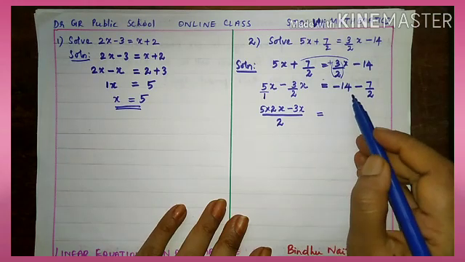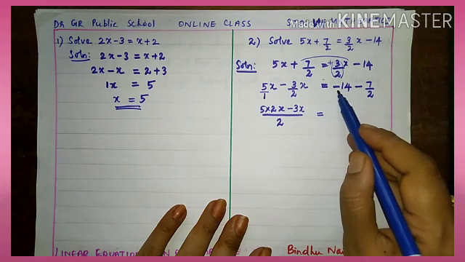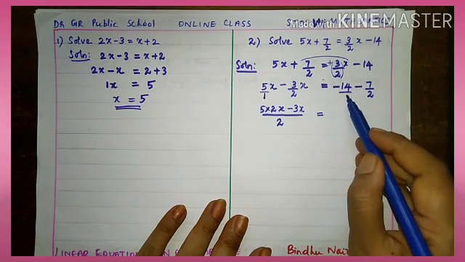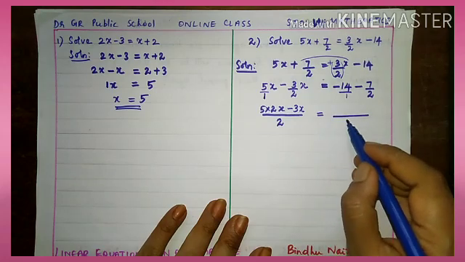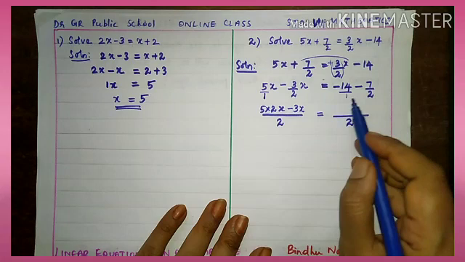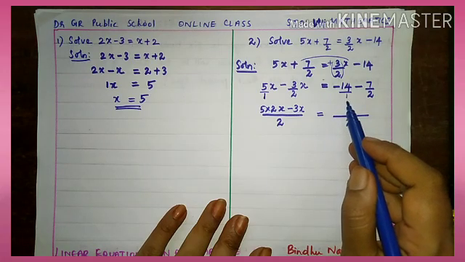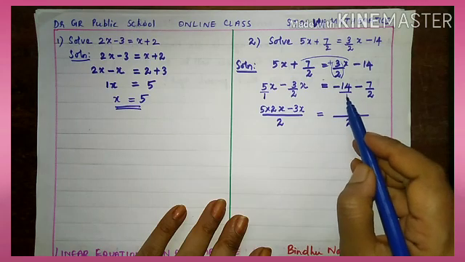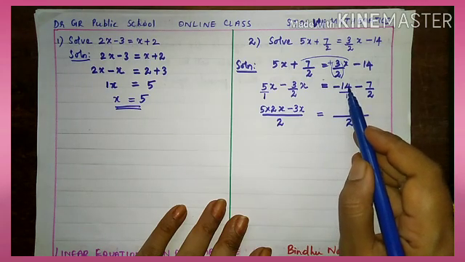Now see the RHS. Here also you can see minus 14 and minus 7 by 2, and minus 14 has no denominator, so we can take it as 1. Therefore, here also the LCM is 2. So how will you do it for the first fraction? Convert into the LCM denominator. So 1 into 2, that 2 is multiplied by the numerator also.